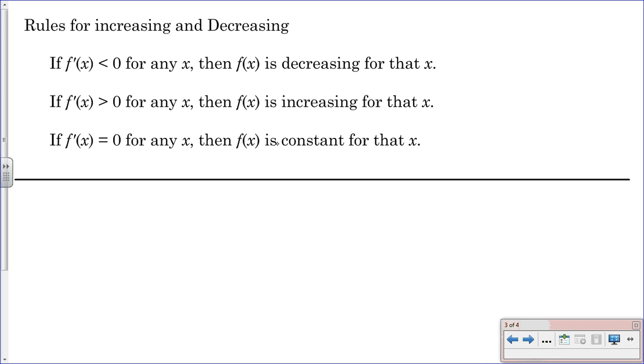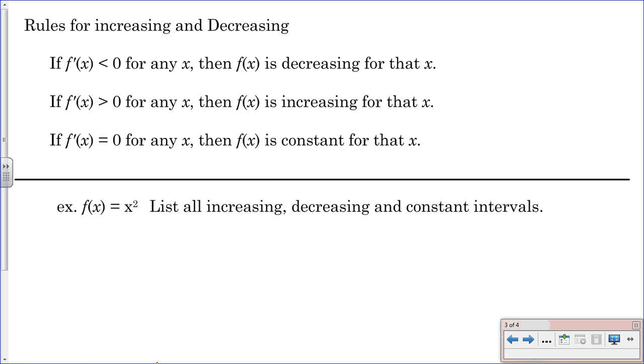Likewise, if f prime of x is greater than 0 for any x, then f of x is increasing for that x. And if f prime of x equals 0 for any x, then f of x is constant for that x value.